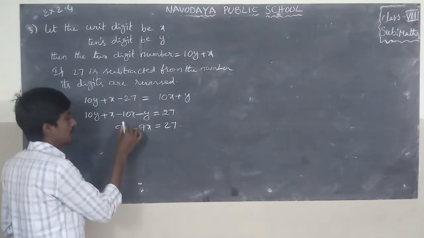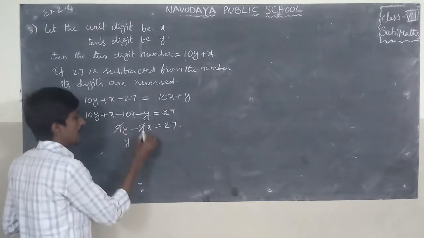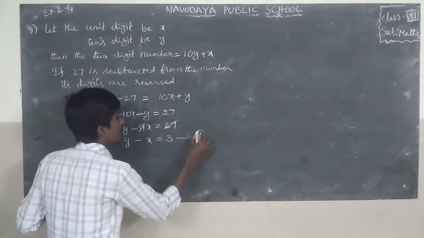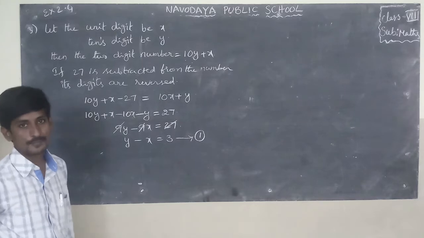Taking 9 common, y minus x equals 3. This is the first statement.